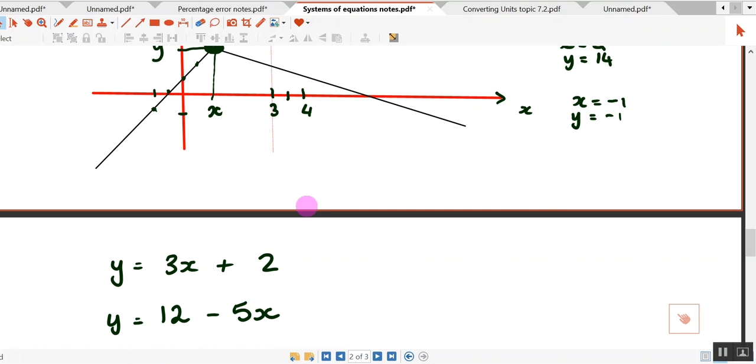Why would I want to do that? Well, we do have real-world scenarios where finding where two lines cross tells us something. Does anyone have any ideas? It doesn't matter if you don't. If you're building two roads, you need to know where the intersection would be.